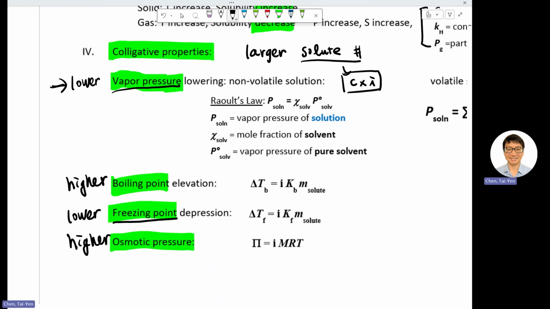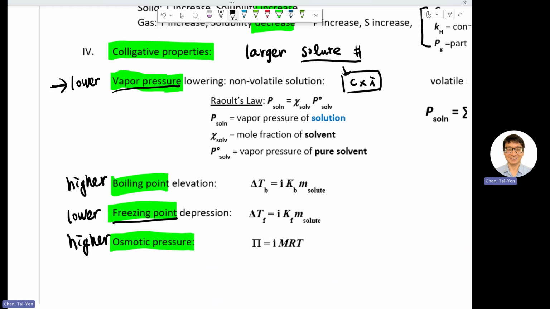Therefore, you just cannot vaporize, you cannot create gas molecules, and so less pressure will be produced. So if you add in more solute molecules, the vapor pressure will decrease. That's a fundamental physical principle behind the observation. It's actually very simple.